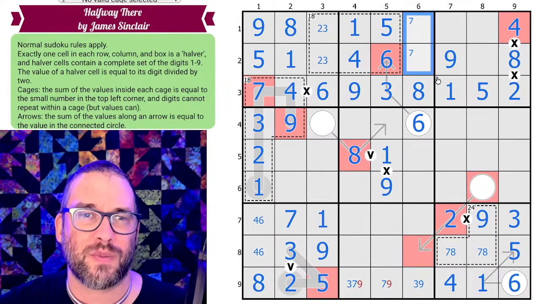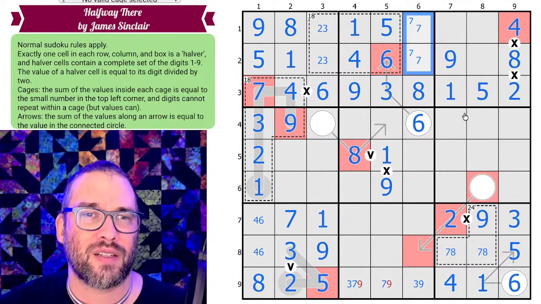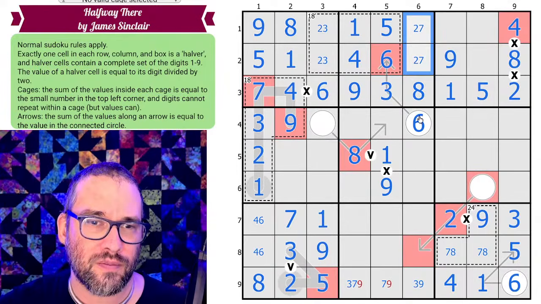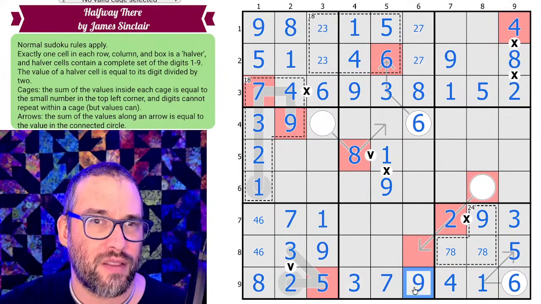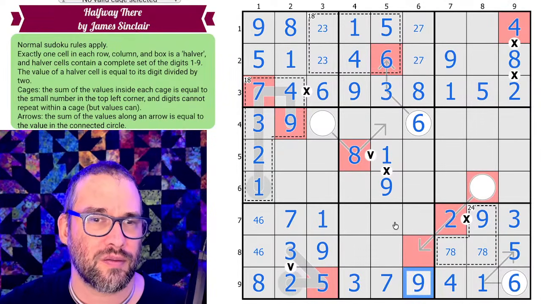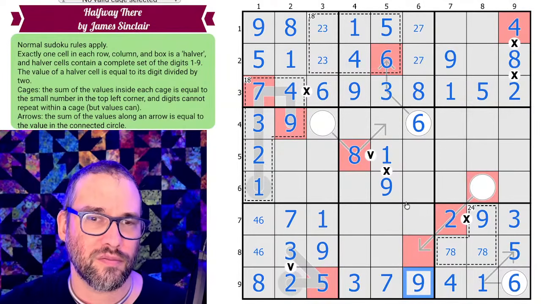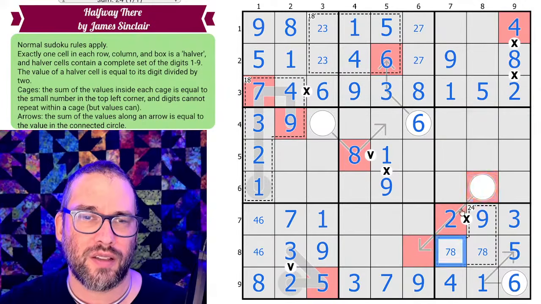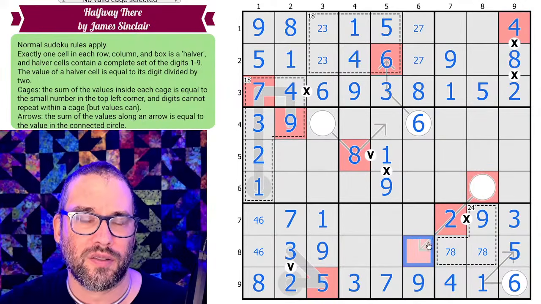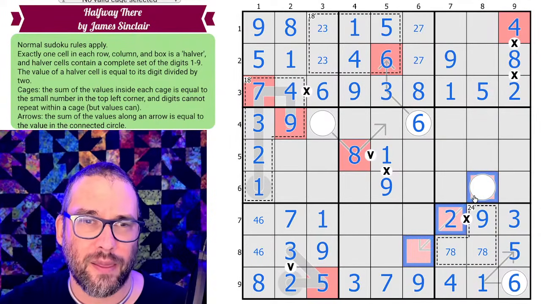What's left in this box? 7 and 2, which we don't know. But we've got these. So these have to be fairly low.